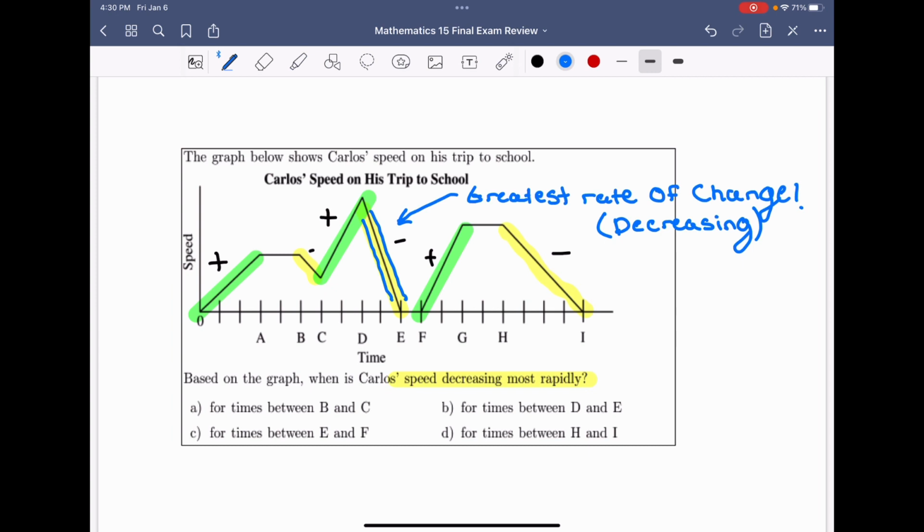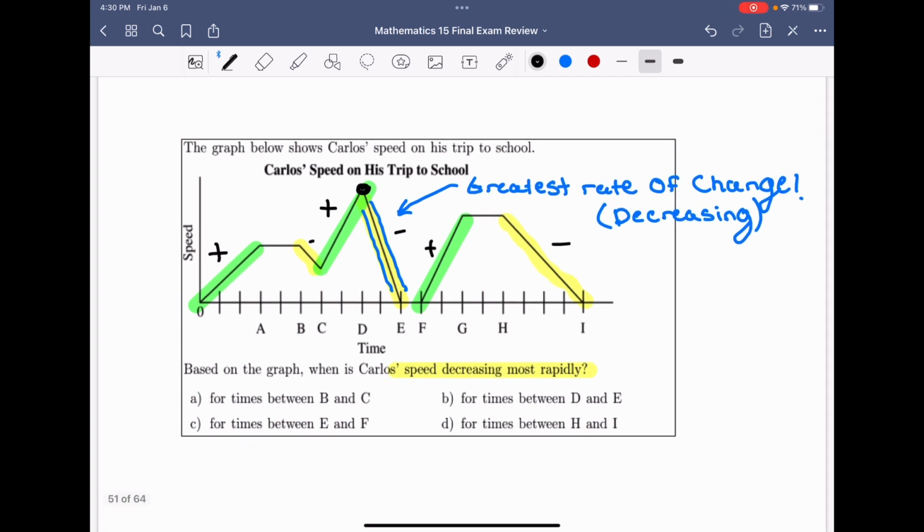And then we're seeing that it's happening in a very short time period. So when they say decreasing the most rapidly, we need to say that it is between this point here, which is point D, and this point, which is point E. So of the answers here, for times between D and E, that would be the one there.